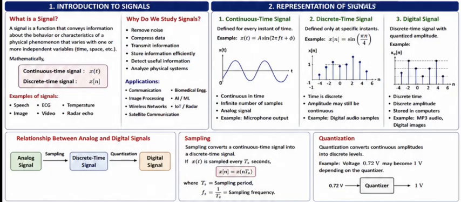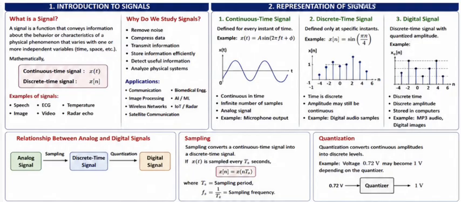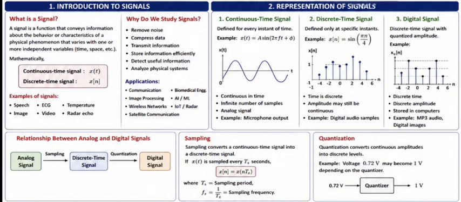If the time is discrete and the amplitude is also discrete, such a signal is what we call a digital signal. To define a simple relationship between analog and digital signals: when I sample an analog signal, I obtain the discrete time signal, and when I quantize the discrete time signal, I get the digital signal.